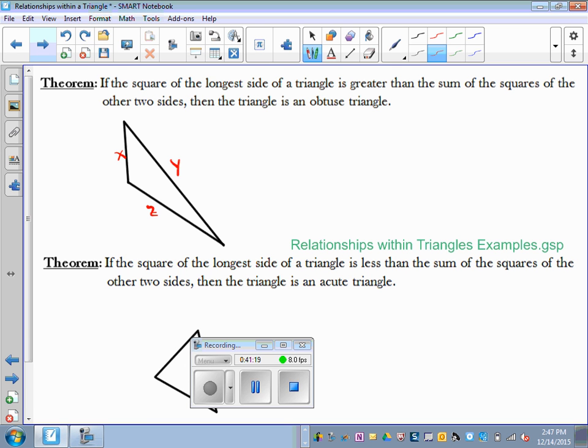If the square of the longest side, so y squared, that's my longest side, is greater than the sum of the squares of the other two sides, so x squared plus z squared, then we know it's going to be obtuse.